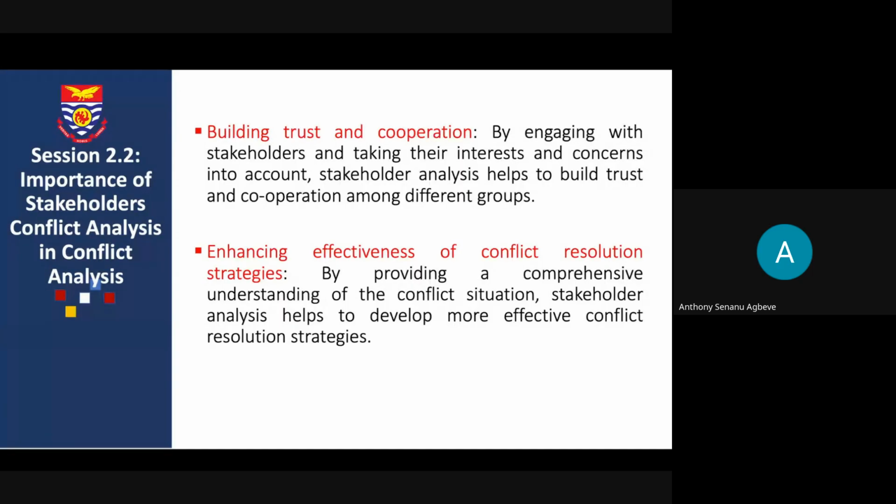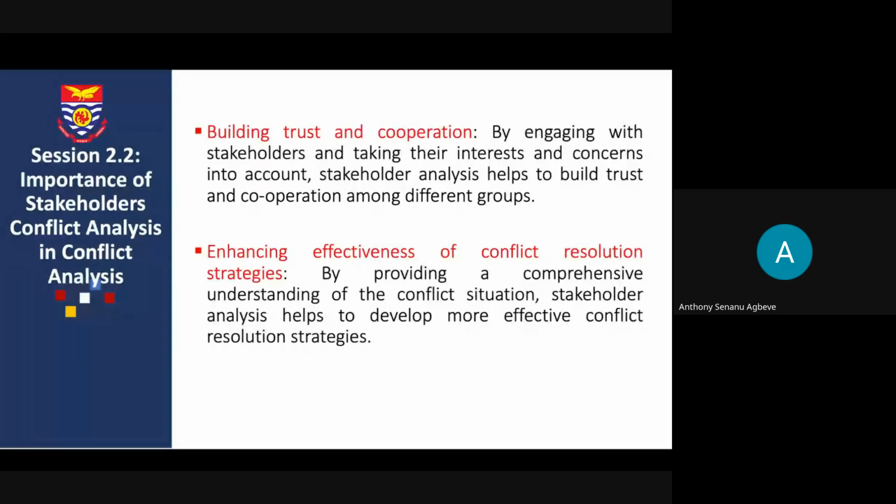So once people are allowed to speak, they feel a sense of belonging, where they don't come out to say that, well, we are not given the opportunity to share our views or concerns, so we are not going to abide by these recommendations that probably the committee has brought.